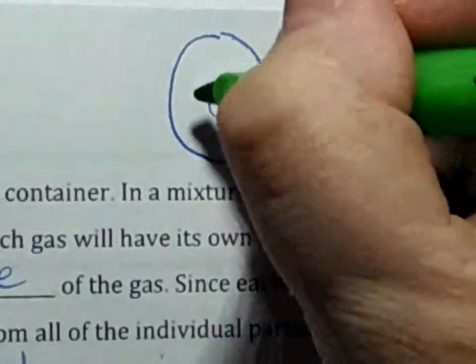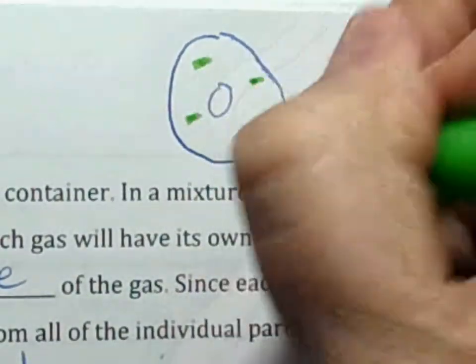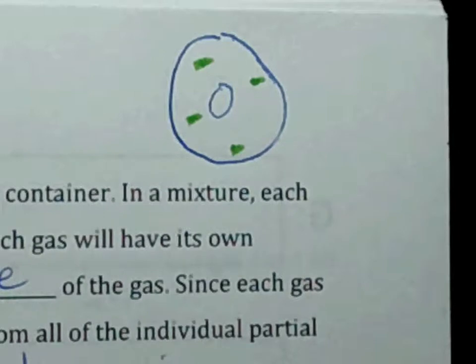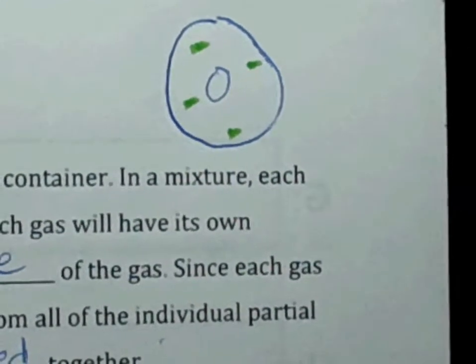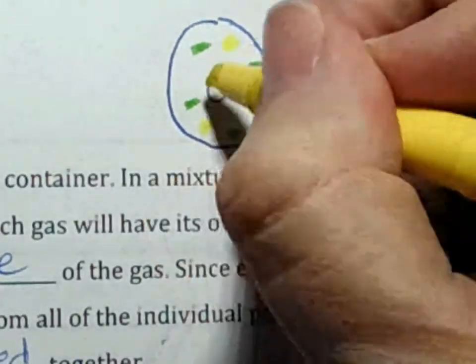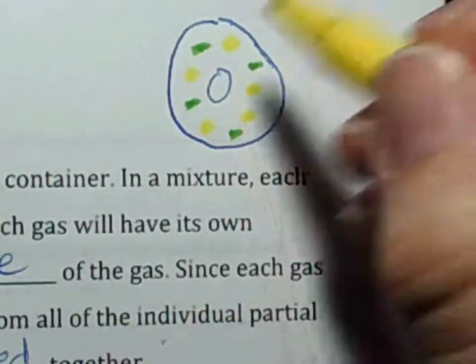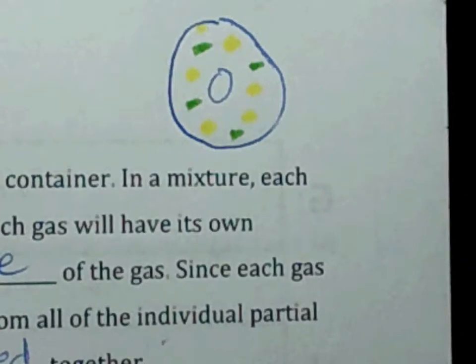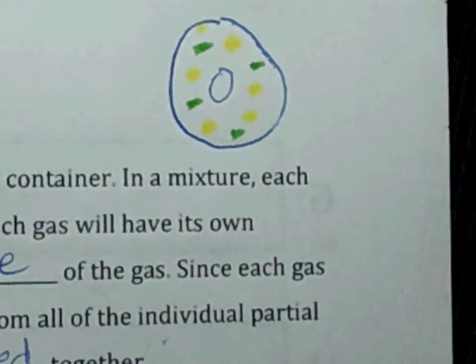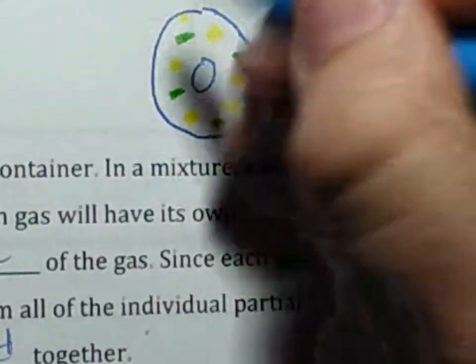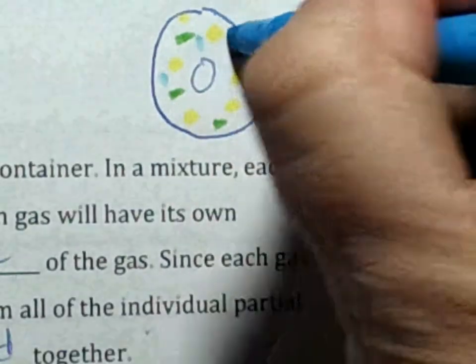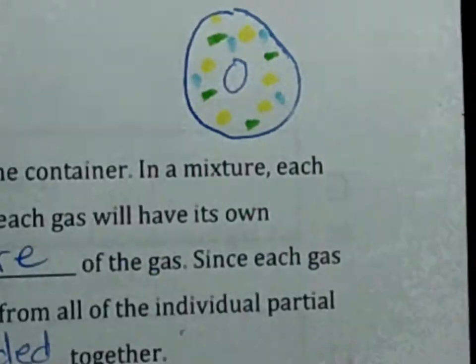So there's oxygen gas, but there's also other gases that are in air, like nitrogen gas. It's actually a lot more nitrogen than oxygen, but that's kind of beside the point. You've also got carbon dioxide in there, and lots of other ones besides that.